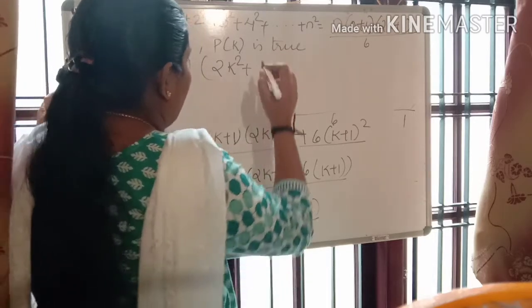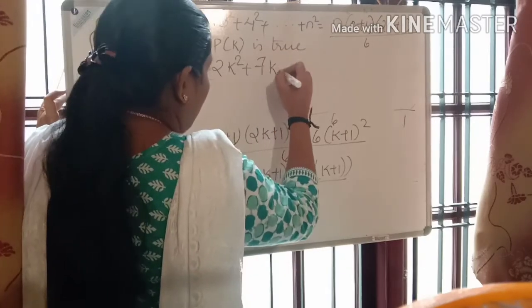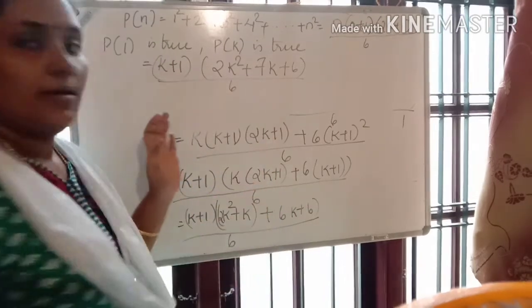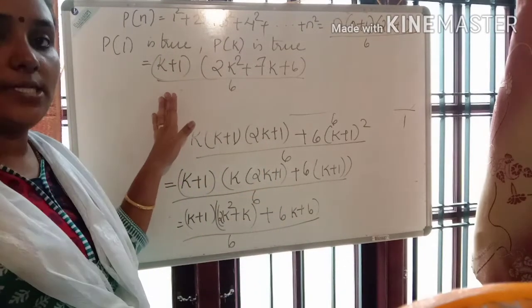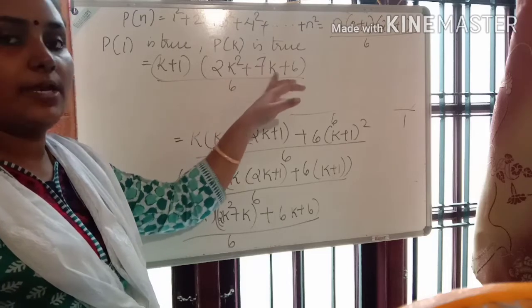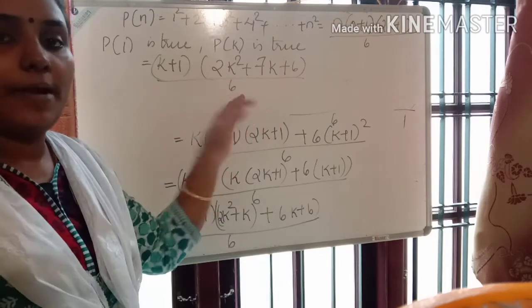K plus 6K, that is 7K plus 6 divided by 6. Students, got this answer? K plus 1 into 2K square plus 7K plus 6 divided by 6.